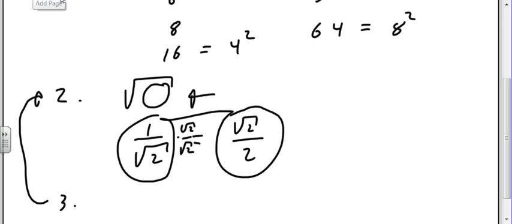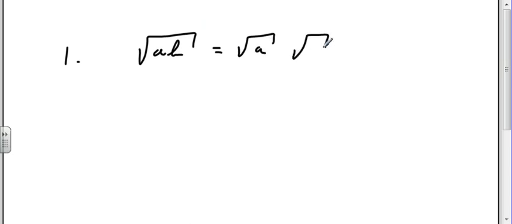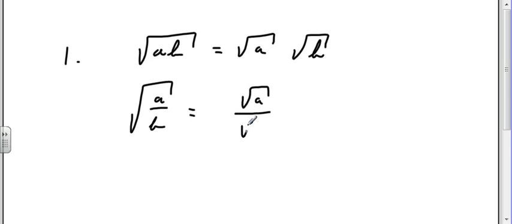All right, so those are things, and then we have another set of rules that say if I have the square root of AB, then that's the same as the square root of A times the square root of B. And if I have the square root of A over B, that may or may not be the same as the square root of A over the square root of B, depending on whether or not B is 0.